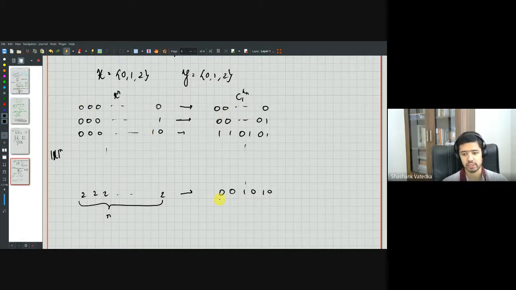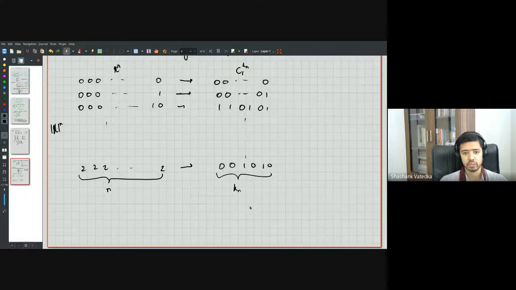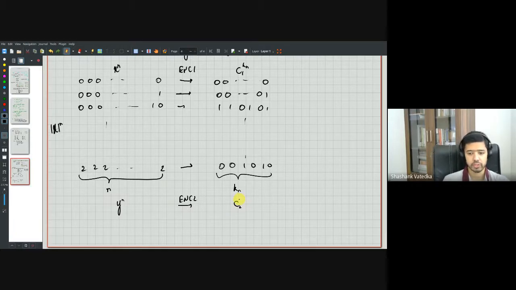So each of these has length kn. All right. Similarly, encoder 2 has to do something similar. So for each yn, encoder 2 outputs some compressed file or some code word of length ln.